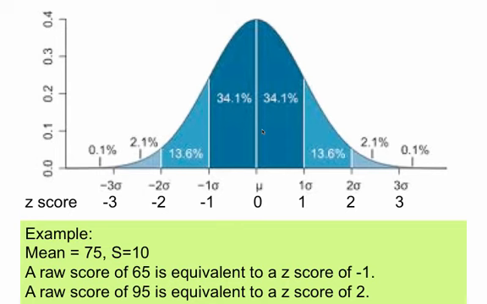So if I said that one score had a z-score of -1, that would therefore be a raw score of 65. Because again, it would be 10 below the mean of 75. In a similar way, a raw score of 95 would be equivalent to a z-score of 2, because it would be 2 standard deviation units above the mean.